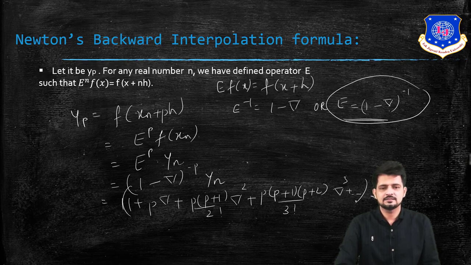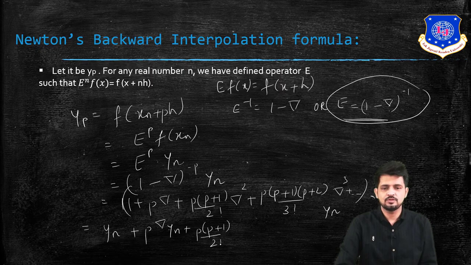And this whole term is multiplied by yn. So if I simplify this, my answer will be yn plus p nabla yn plus p into p plus 1 upon 2 factorial nabla square yn, and so on. So this is my formula.